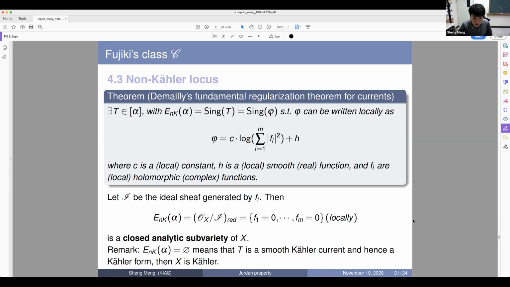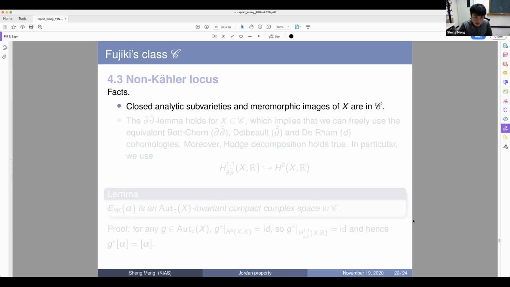Another fact is that since we take the non-Kähler locus, it is a closed analytic subvariety, but luckily it again lies in the Fujiki class. Furthermore, previously I mentioned the embedding of H^{1,1}, the Bott-Chern cohomology, into the second singular cohomology.